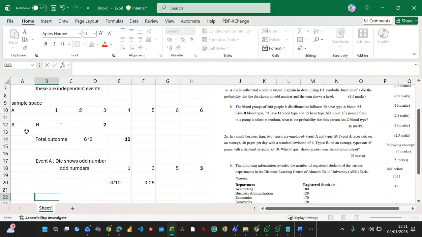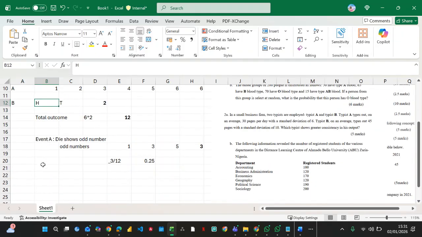When we're talking about this event, we have two events here. Look at this event here: one, two, three, four, five, six. This is event A and this is event B. I want to represent this in a way that will help you understand that question.